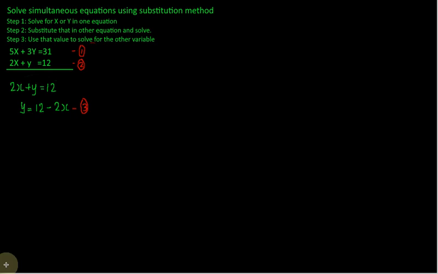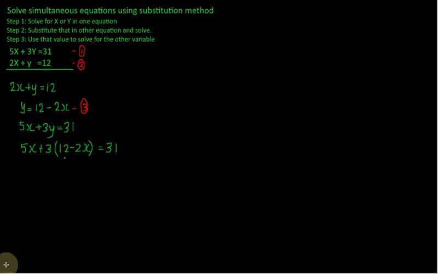Now I am going to substitute this in the other equation and solve. So I am going to rewrite equation 1, that is 5x plus 3y equals 31. I know the value of y now, so that is 5x plus 3 times (12 minus 2x) is equal to 31.